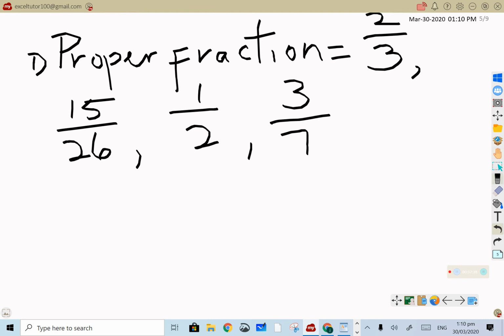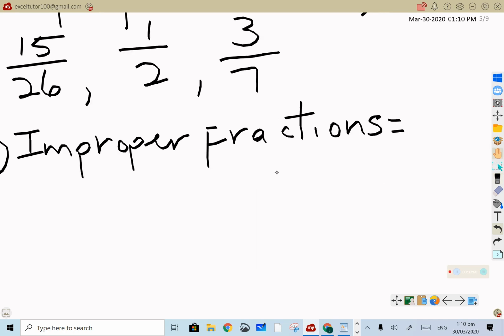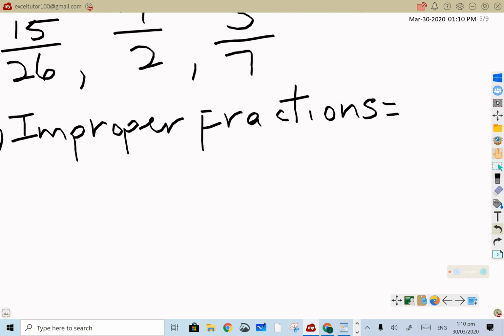Then we have improper. So while I'm writing, this is something for you to think about the word. If this was proper, then what would be an improper fraction? An improper fraction is where the numerator is larger than the denominator.